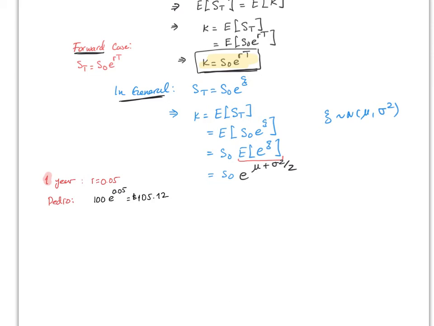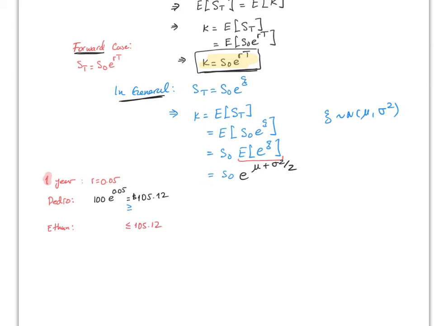If he gets less than that, he can just sell it right now and put the money in the bank. So therefore, Pedro will not take any less than 105.12. Now, similarly, Ethan will come to the same conclusion, but in his case, he will not be willing to pay more than 105.12.